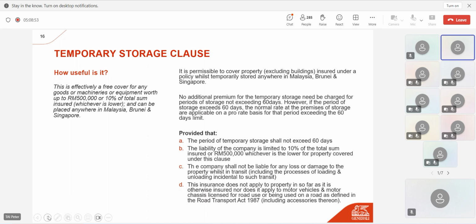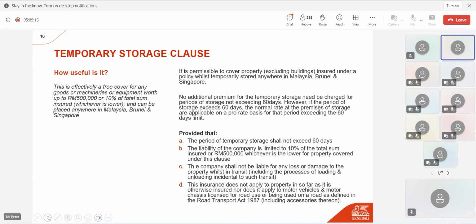Let's say, for example, they have a few branches insured with us. The reason is that the insurance company has to safeguard its own underwriting guidelines. So basically, 10% of total sum insured or 500,000, whichever is lower, is applicable, and normally it is based on the individual location.